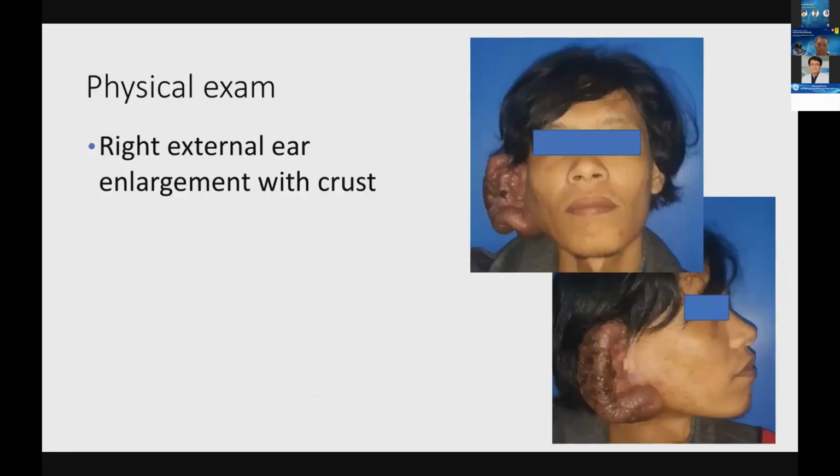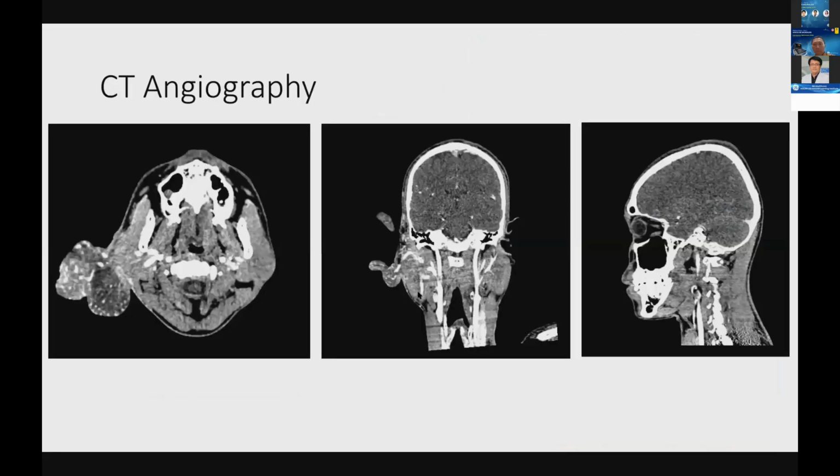We have one example of right external ear enlargement with some previous bleeding in this right ear. CT angiography shows the condition of the vasculature.